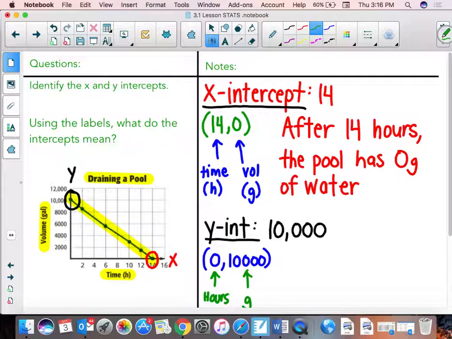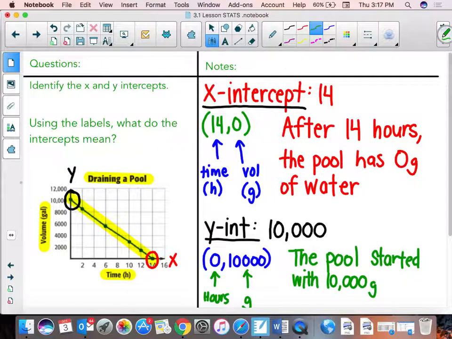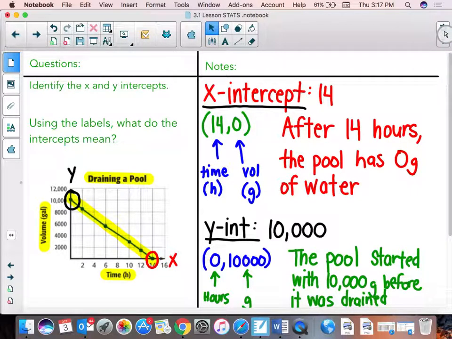We can also say the pool started with 10,000 gallons before it was drained. There's no one exact right answer for an explanation here. So your answers can vary as long as they make sense.